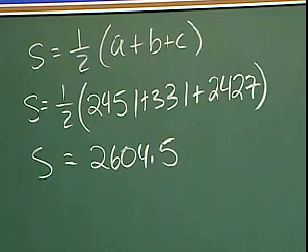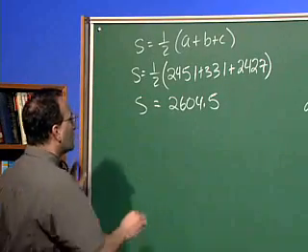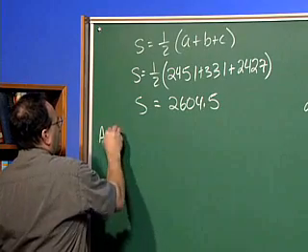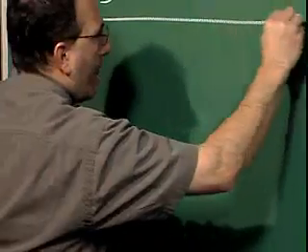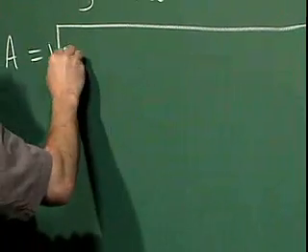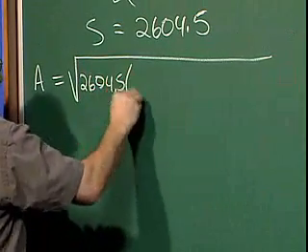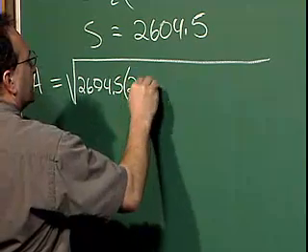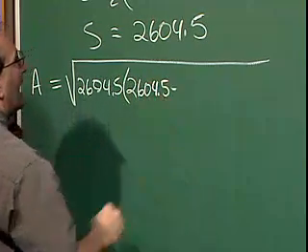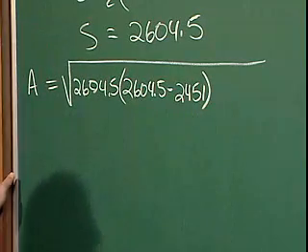Now, we can use Heron's formula for area, which tells us that the area is equal to the square root of S, which is 2,604.5, times S minus A, 2,604.5 minus A, which is 2,451.